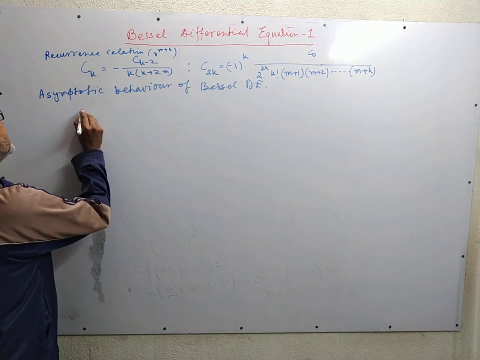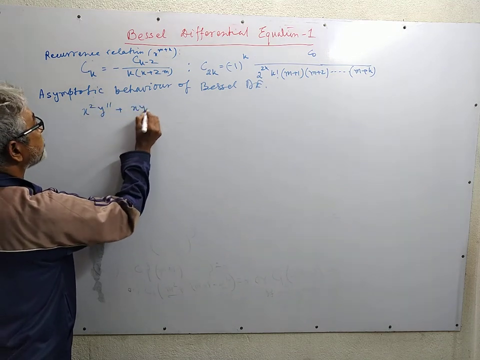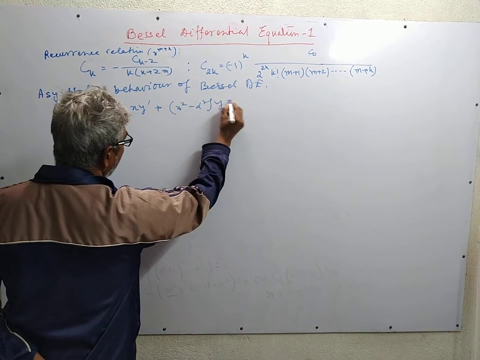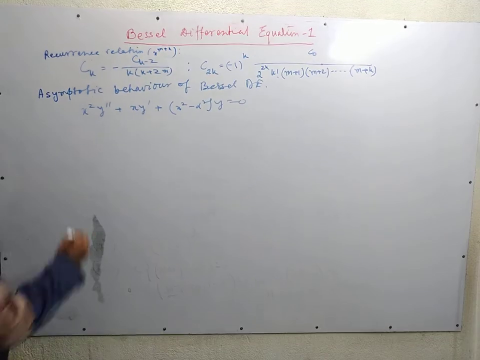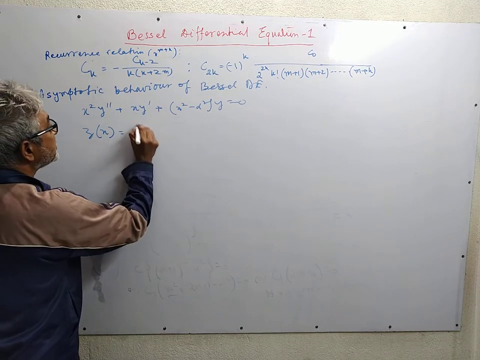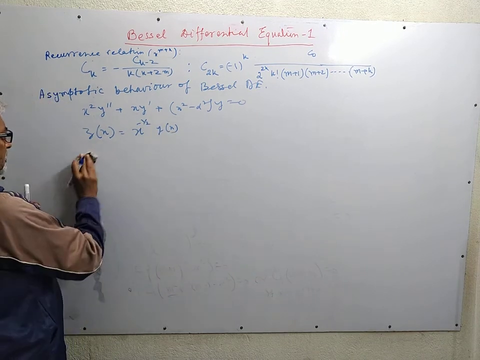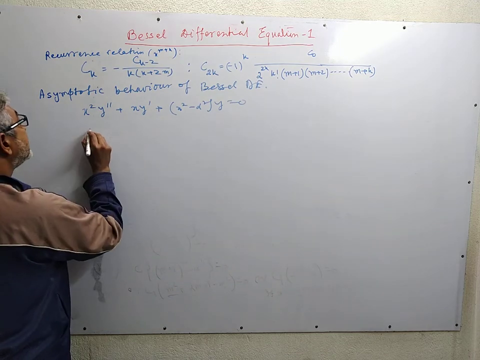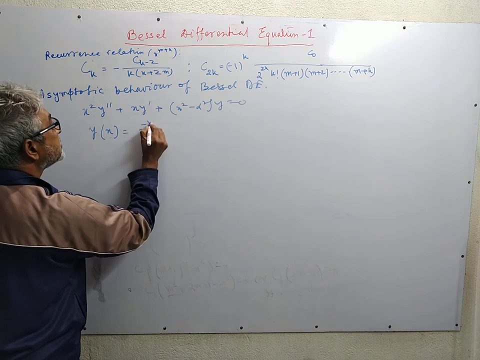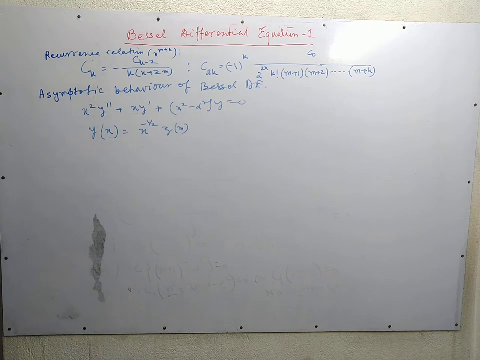What we shall do? The original differential equation is x square y double prime plus x y prime plus (x square minus alpha square) y is equal to 0. We introduce z is equal to x to the power half times y of x, that is, y of x is equal to x to the power minus half z of x, where z is a new variable.